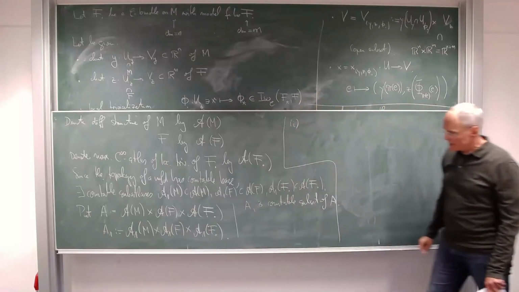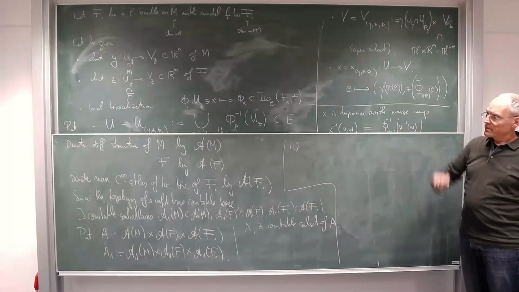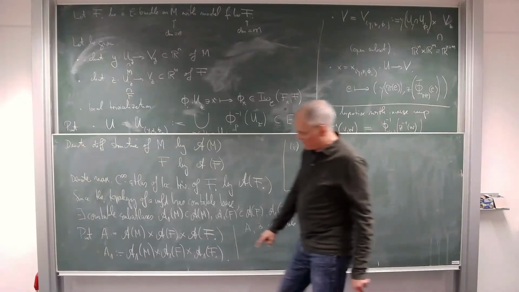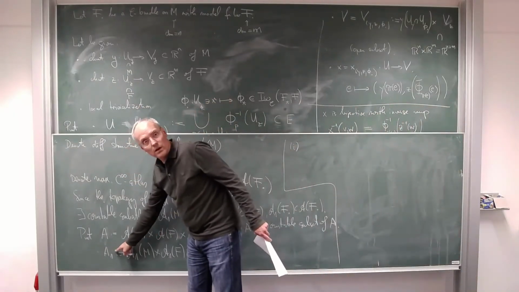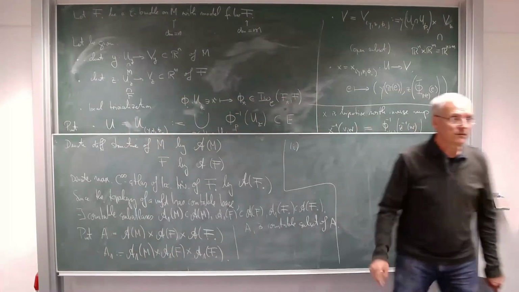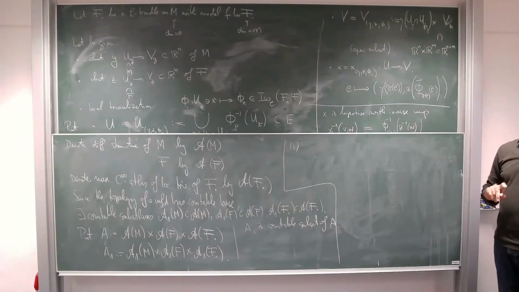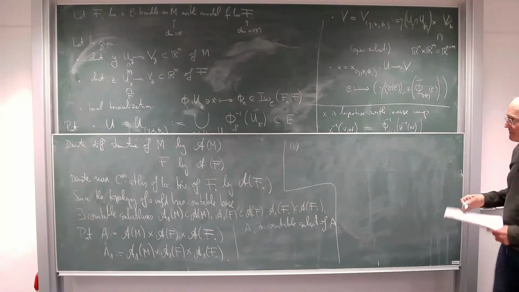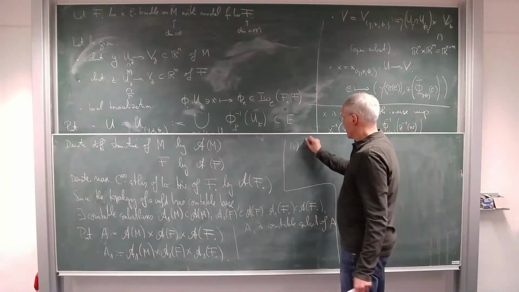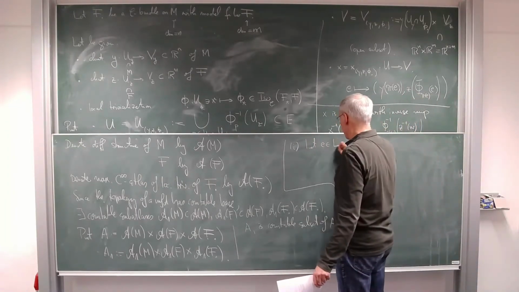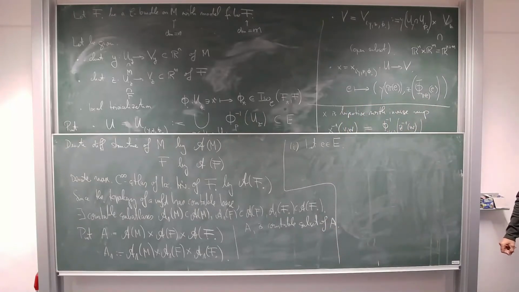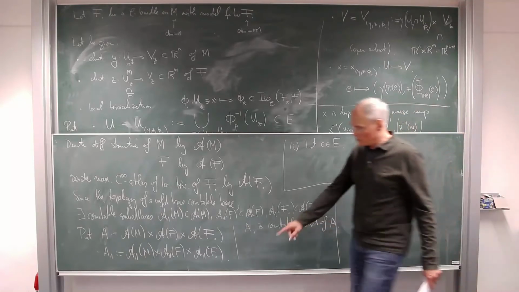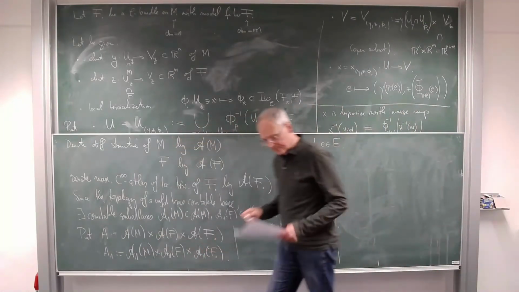So we have to check that these sets U, when I let y, z, and phi run through all elements in A1, cover the whole manifold E, the total space E. Okay, so let's start with an arbitrary element in E, and let's see that it is contained in one of these chart domains for one triple coming from A1.